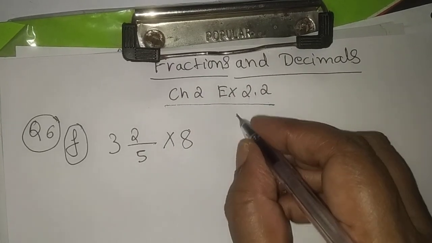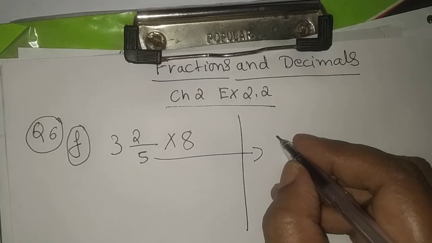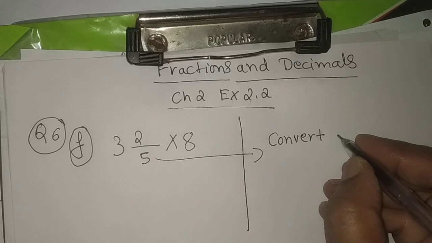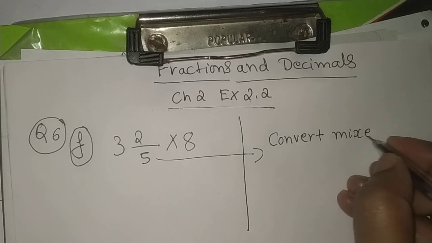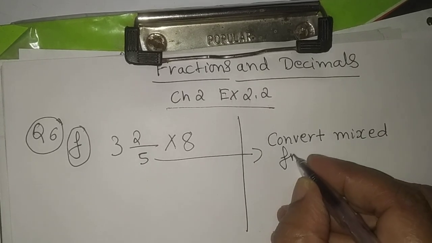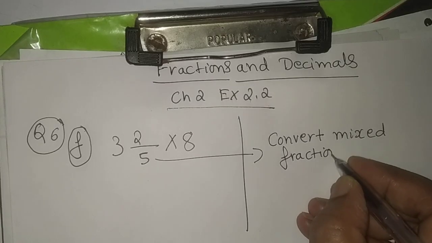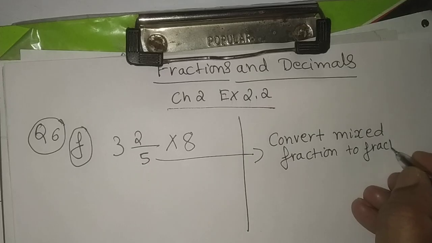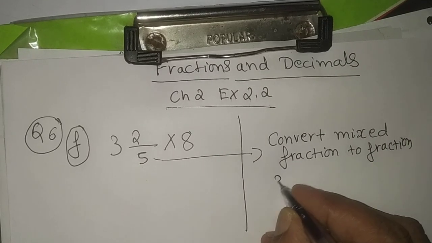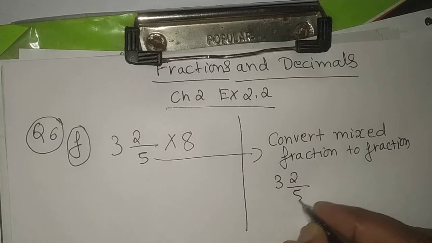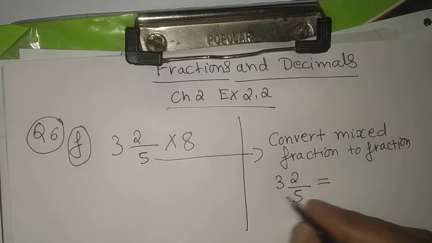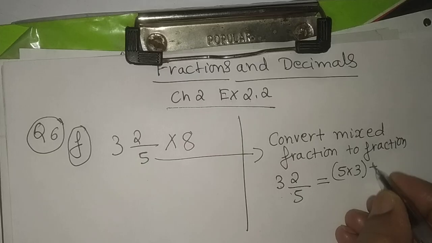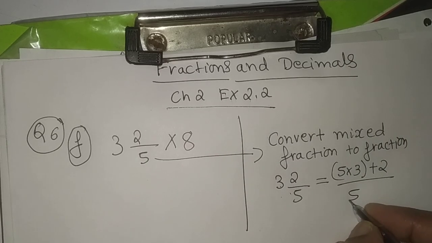So what is the first step? First step is to convert the mixed fraction to an equivalent fraction, or we can also write it as a fraction. So 3 2 by 5 is equal to 5 into 3 plus 2 by 5.